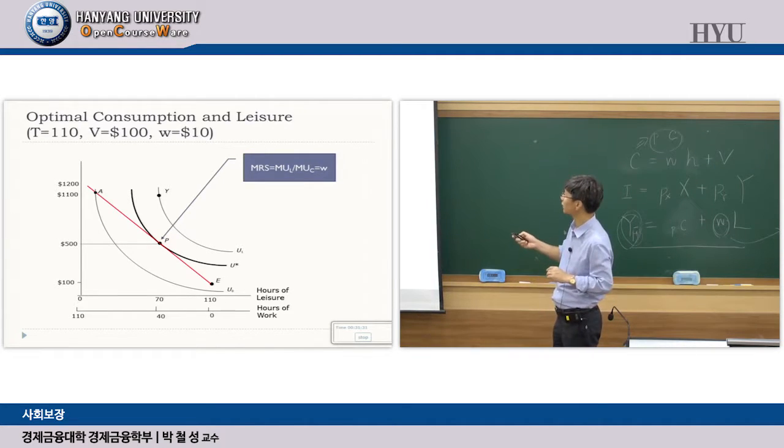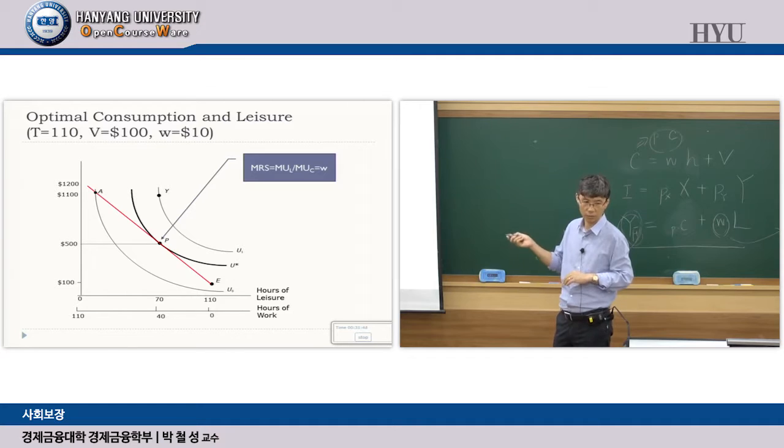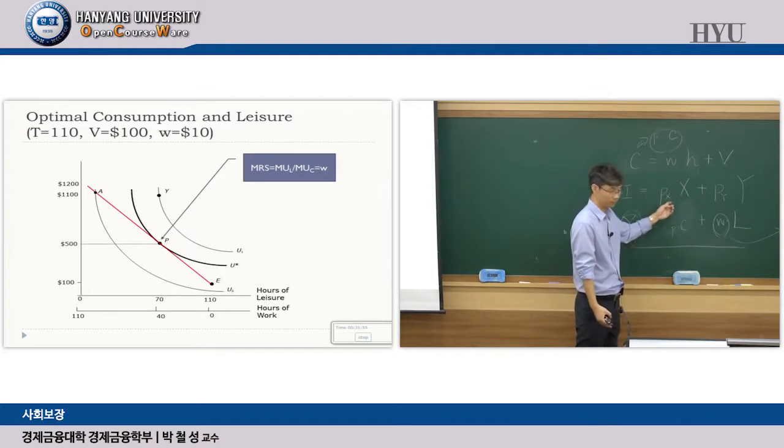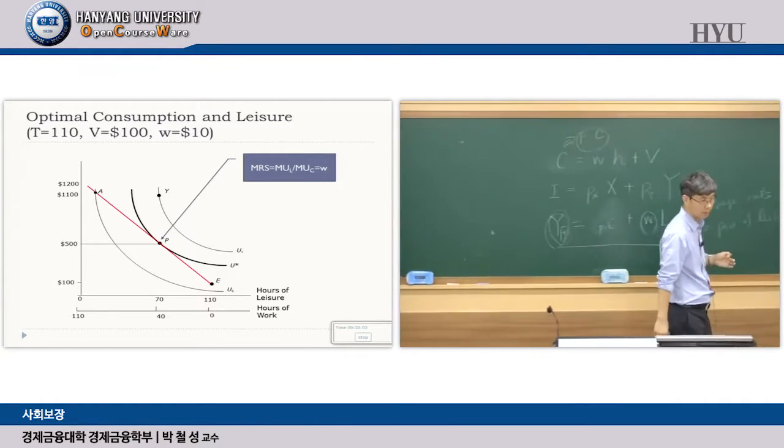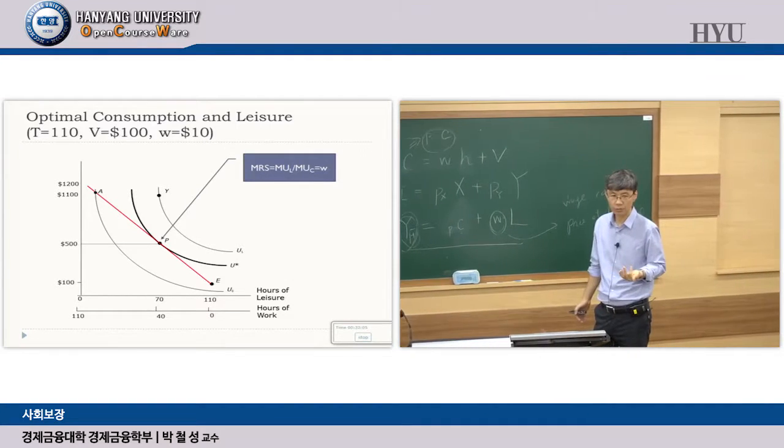Slope of the indifference curve is MRS, marginal rate of substitution, or the marginal utility of leisure divided by the marginal utility of consumption, which equals the slope of the budget line, which is W. It's the same principle as the two goods model. So basically we use the same principle here. Questions?